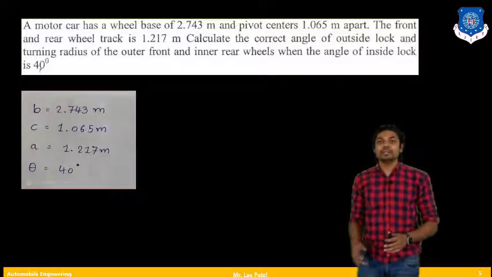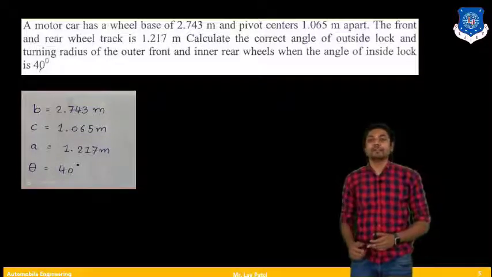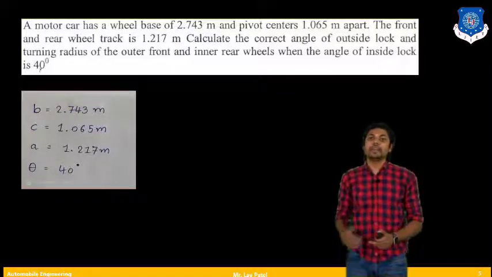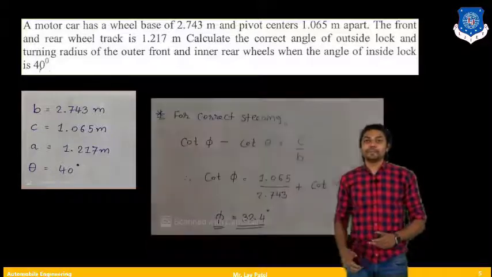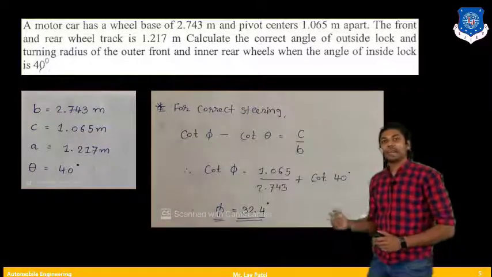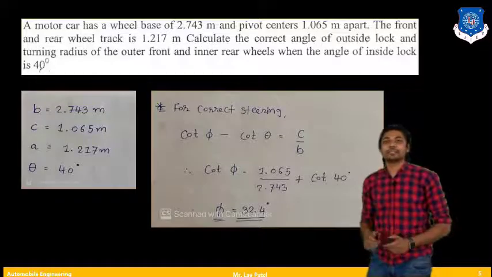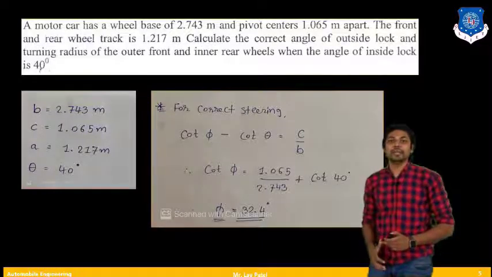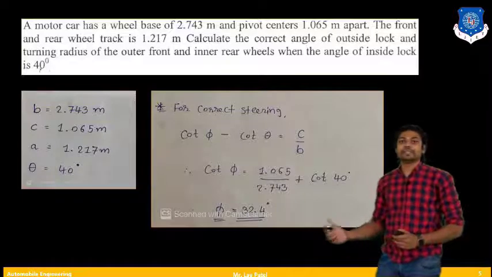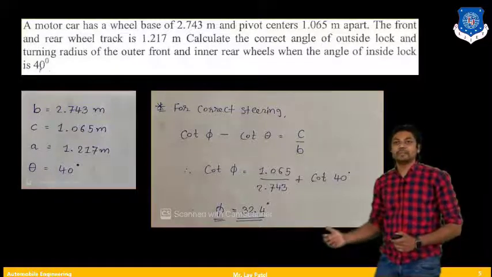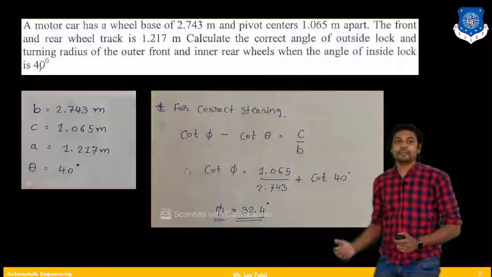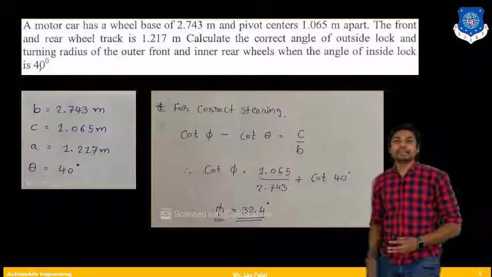We have one angle, theta, that is 40 degrees, given in our problem. Based on that we can apply the first formula for correct steering: cot phi minus cot theta is equal to c/b. We have all the values: c is 1.065, b is 2.743, and theta is 40 degrees.